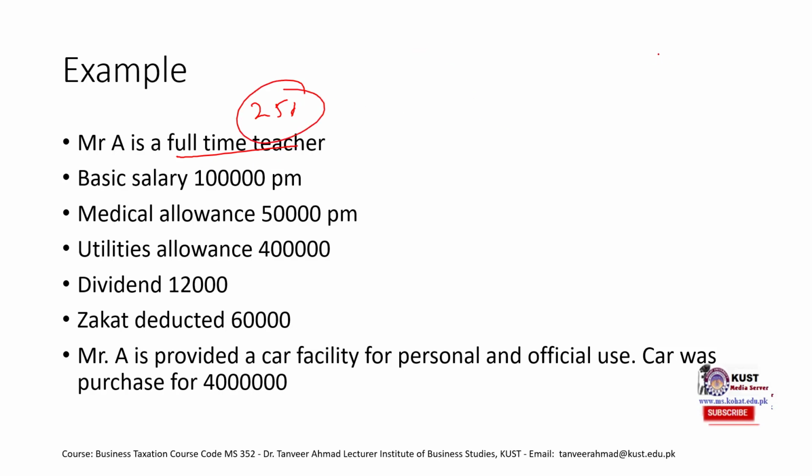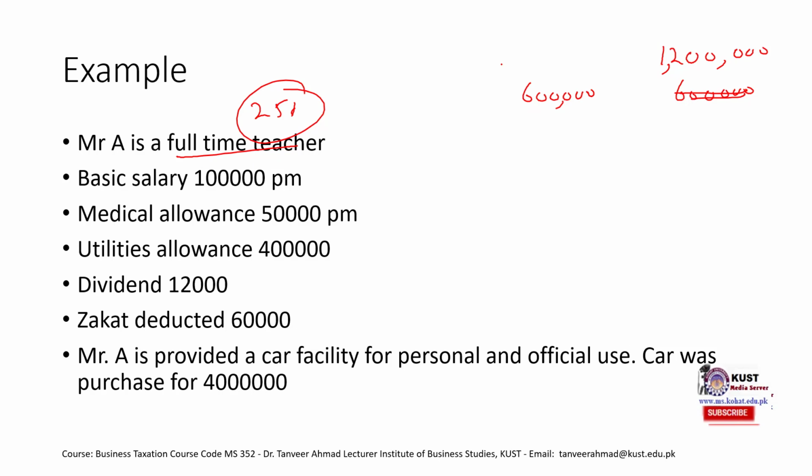So basic salary, I would just write the amounts, 12 lakh rupees. Then we have medical allowance, which is 50,000 per month, so that would be 6 lakh rupees. But remember, there is a rule which says that 10% of basic salary is exempted.